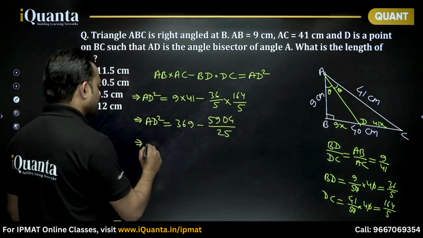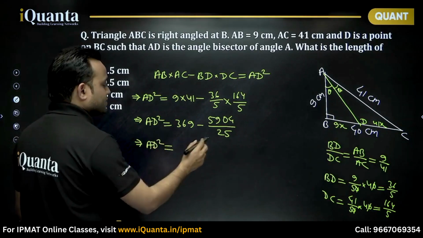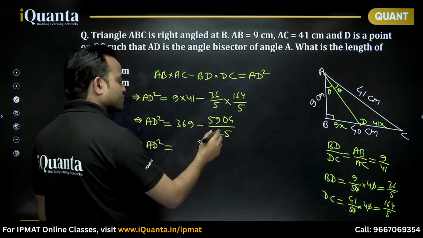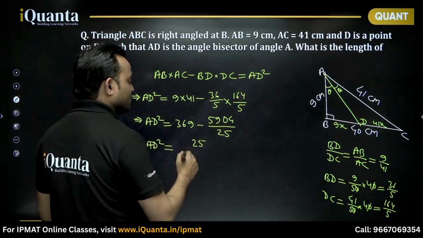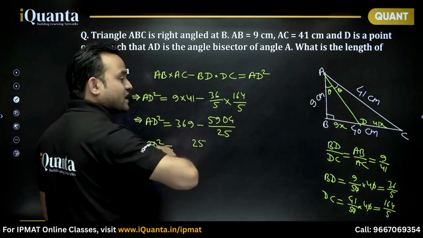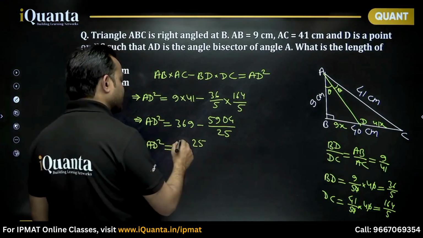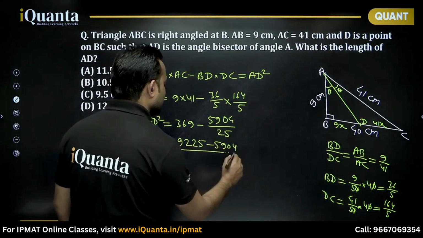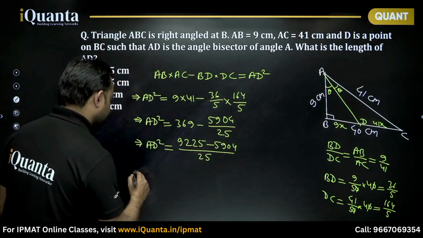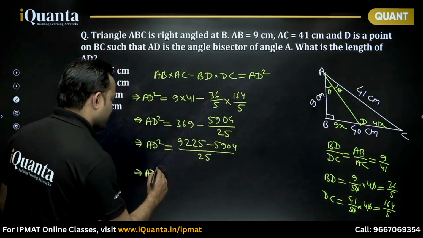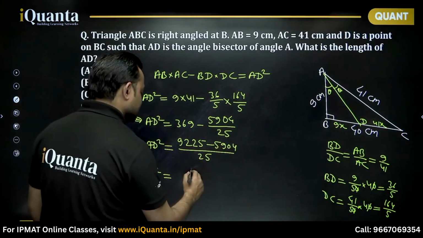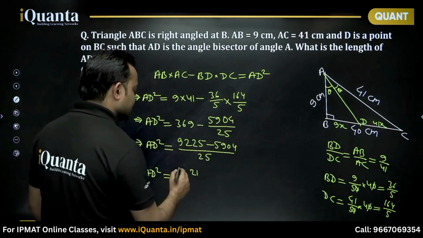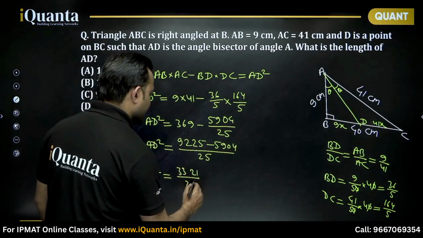Or AD square will be equal to 25 into 9 is 225, carry 22, 25 into 3, 75 plus 17 is 92, minus 5904 divided by 25. Or AD square is equal to, now subtract this, this will be 3321 divided by 25.